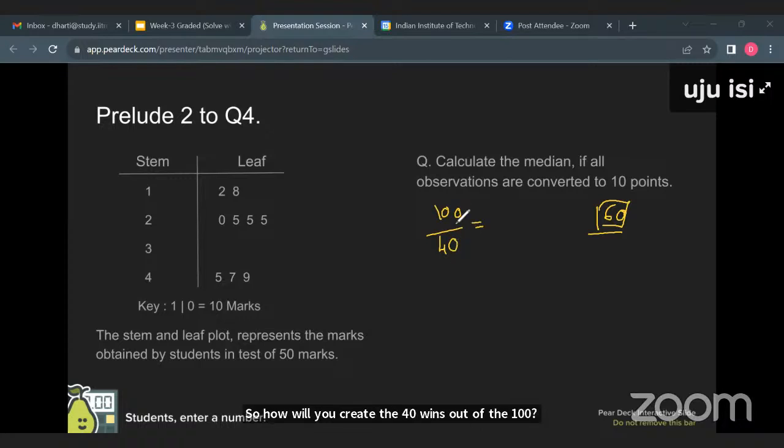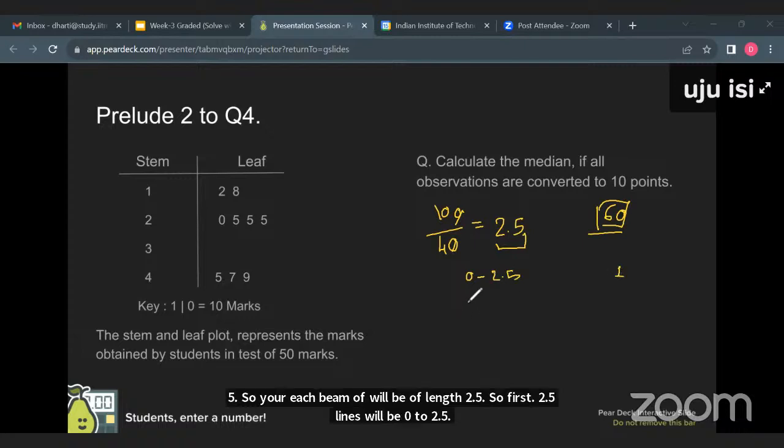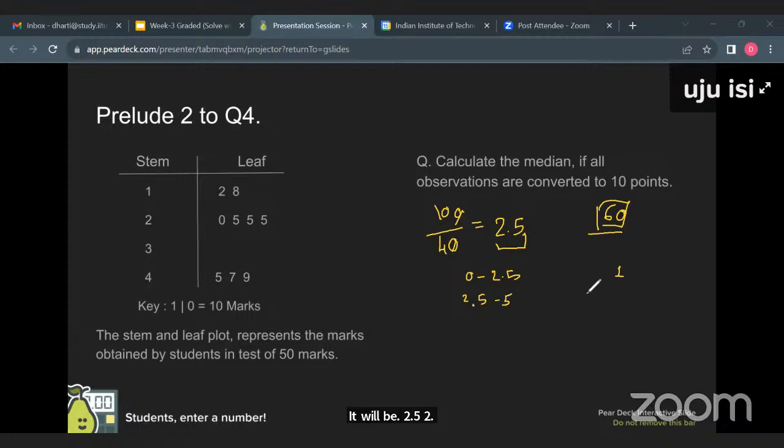Just 100 divided by 40, so it will be 2.5. So each bin will be of length 2.5. The first bin is 0 to 2.5, 2.5 to 5 is the second bin, and so on, right?